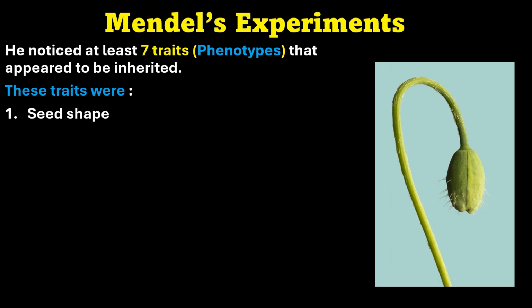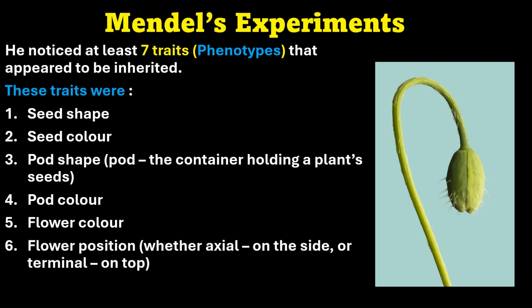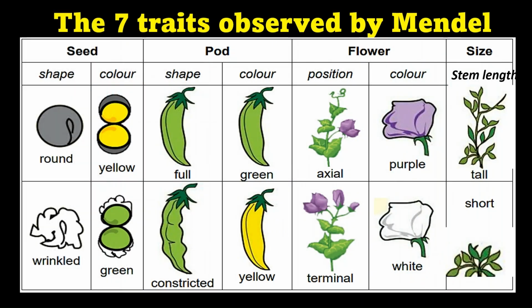One, the seed shape, the seed color, the pod shape, that is the container holding a plant's seed, the pod color, flower position, whether it is axial on the side or terminal on the top, and lastly, the stem length. So here are the traits observed by Mendel on your screen.